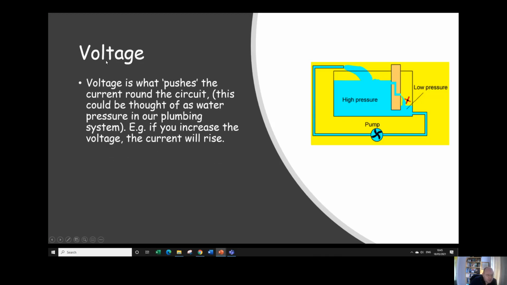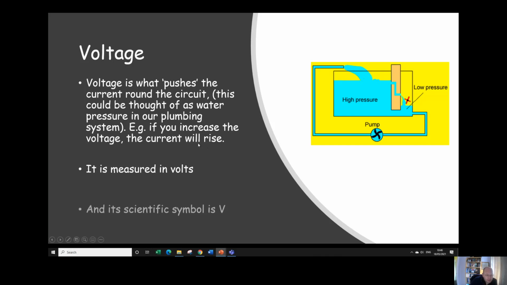Voltage is what pushes the current around the circuit. It can be thought of as water pressure in a plumbing system. If you increase the voltage, the current will rise. If you increase the pressure, more water will flow. There's a parallel there between our electrical circuits and our plumbing circuits.